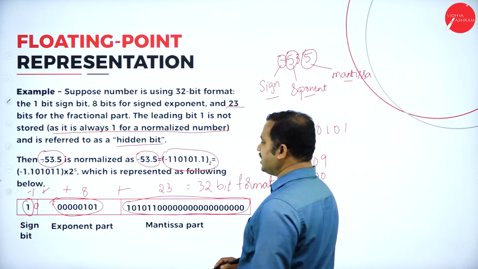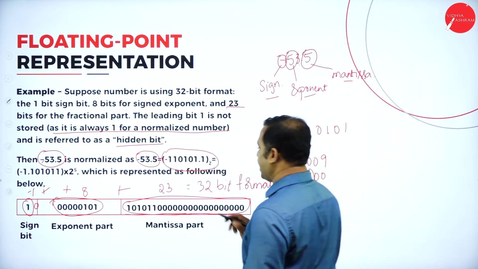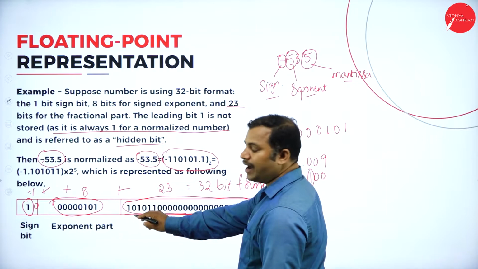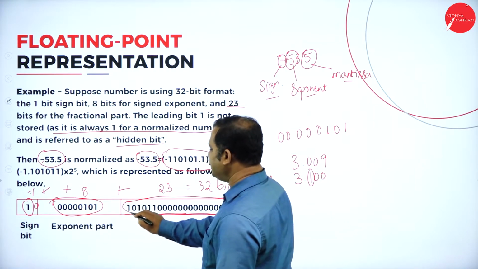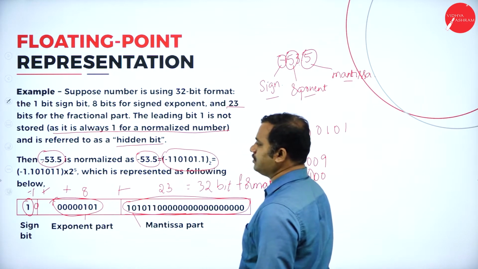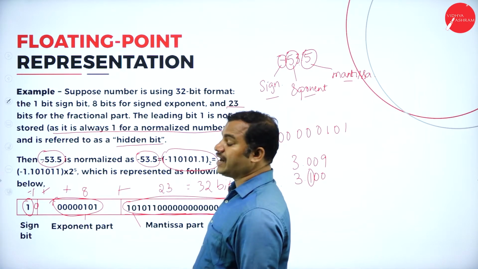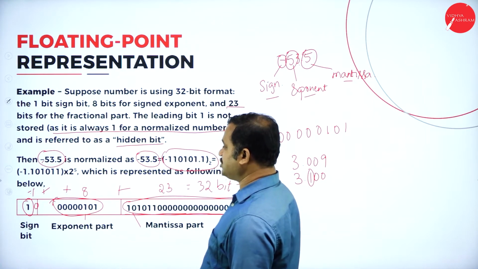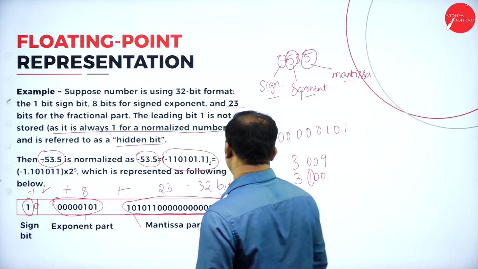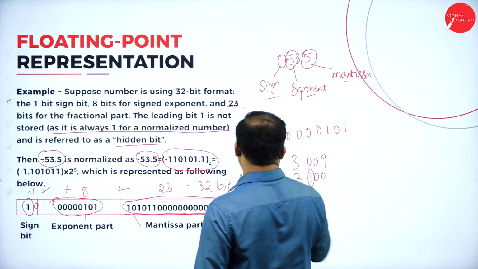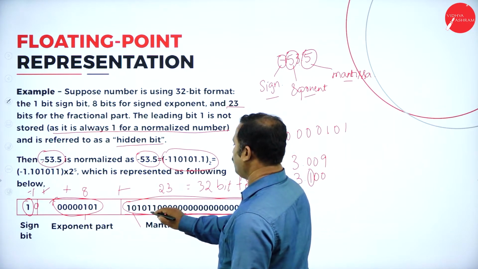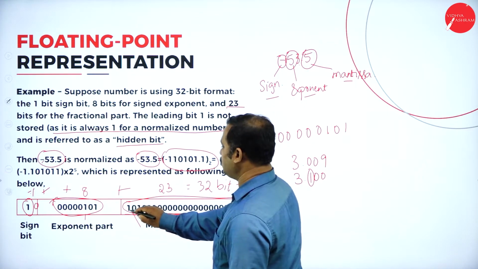So if that is the case, I will represent this number in this format, that is, mantissa part and the exponent part. What does the exponent part stand for? We shall see how this number can be represented here. This is minus 1, that is 1, 1, 0, 1, 0, 1, 1.